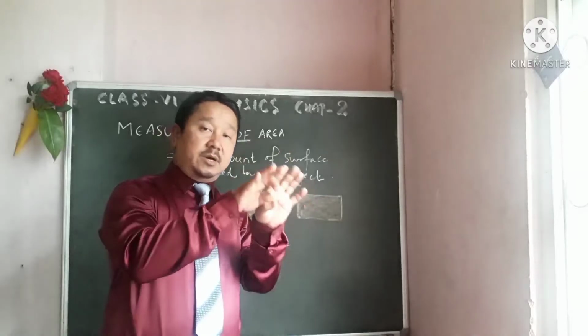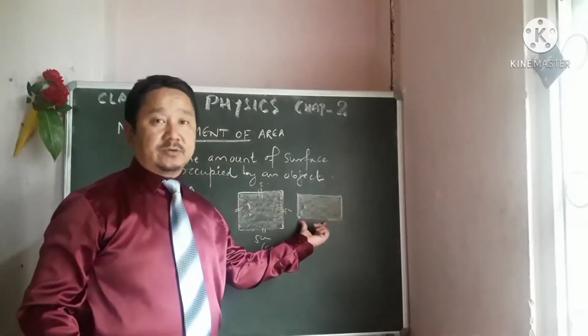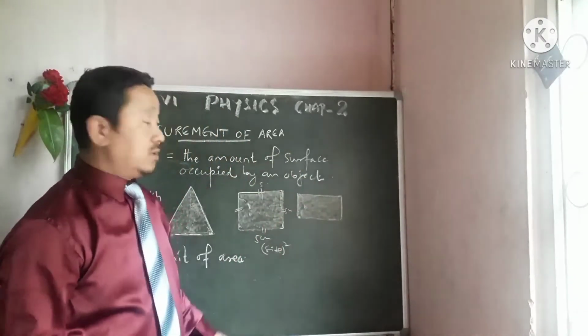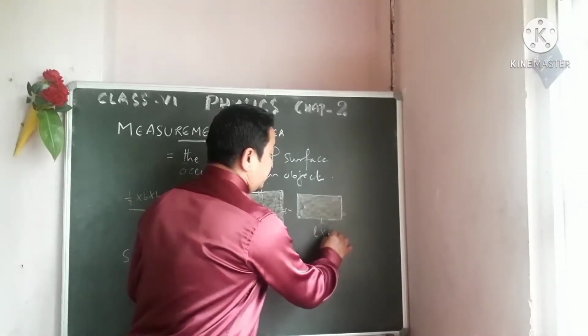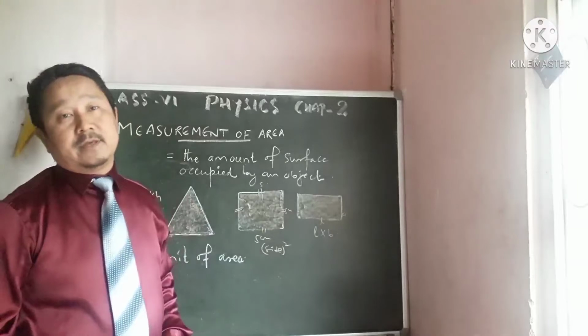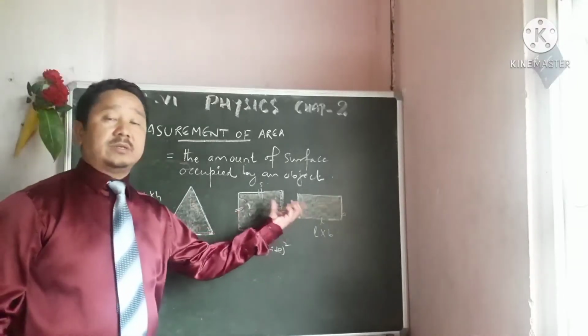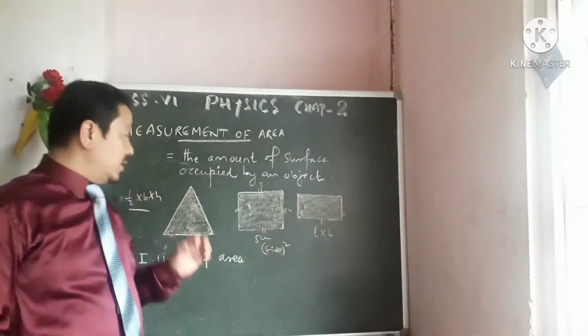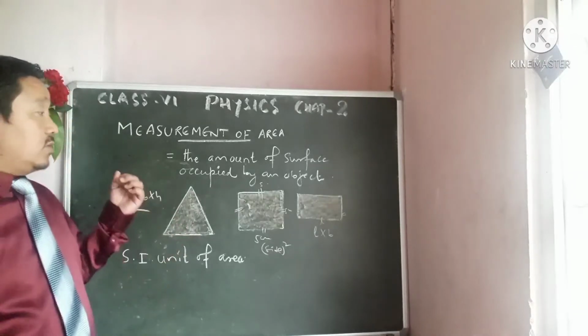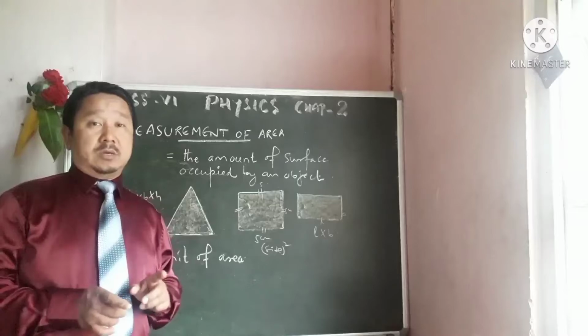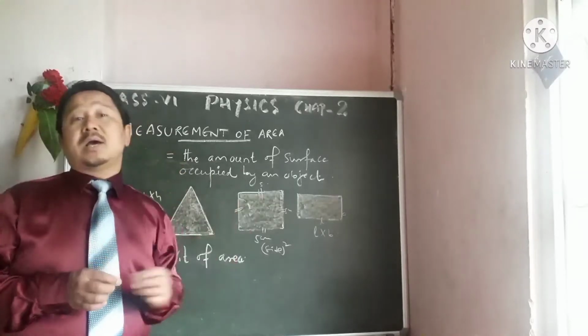To measure its area, we take length and breadth. The formula is length into breadth. These two can be done at this standard itself, but the area of the triangular object, and similarly the circle, will be done in your higher class.